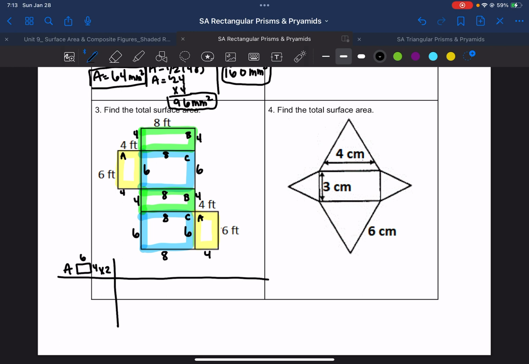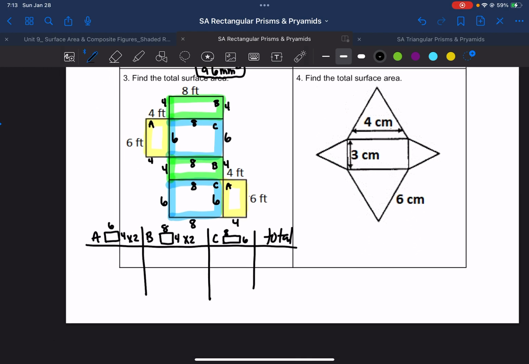The next one is rectangle B, which is a 4 by 8 times 2. The next one is C, which is going to be a rectangle that is 4 by 8. No, hold on. 8 by 6. Okay, so 6 here, 8 here. Okay, and then we need our total.